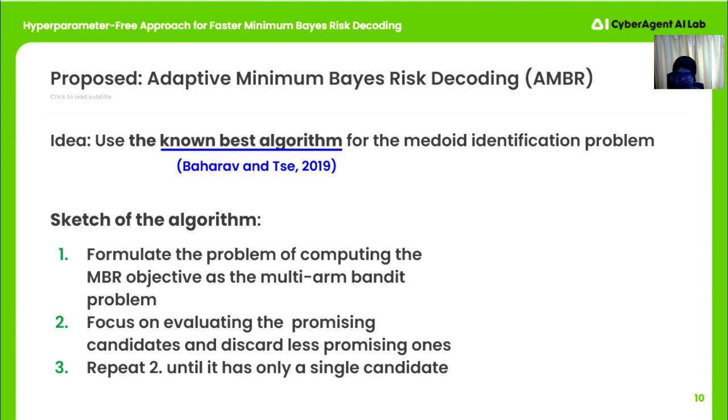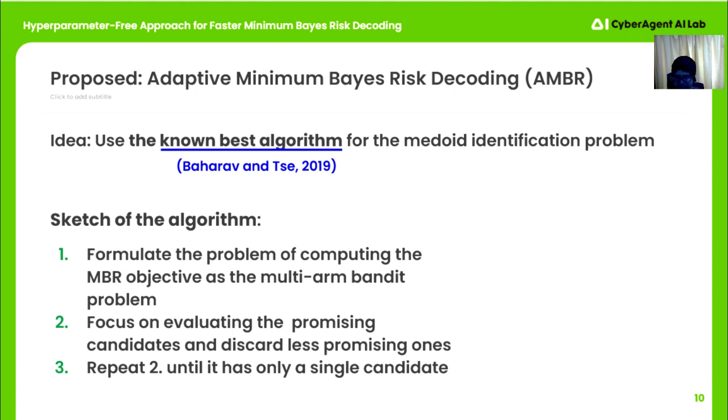We propose adaptive minimum Bayes risk decoding, which is actually very simple: we just use the best known algorithm for the medoid identification problem and place it in MBR. To sketch the algorithm, we formulate the problem of computing the MBR objective as a multi-armed bandit problem.